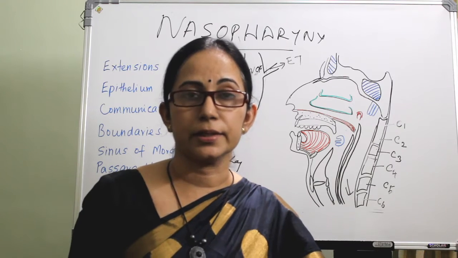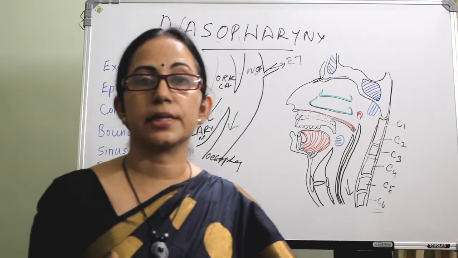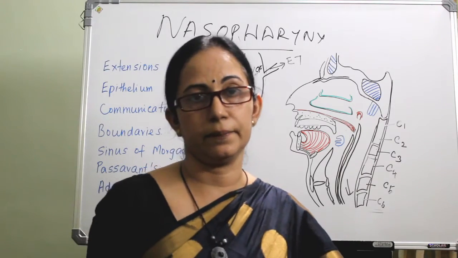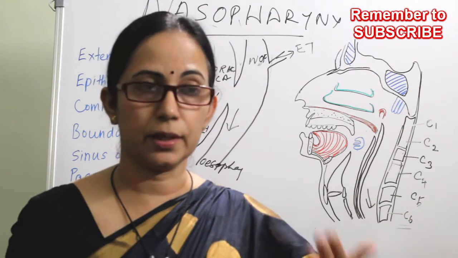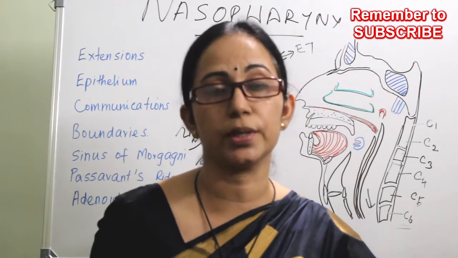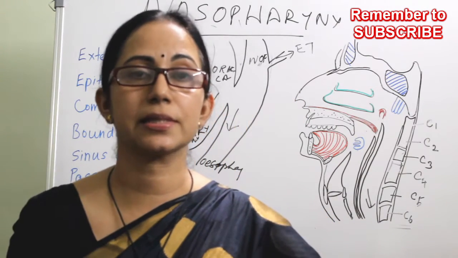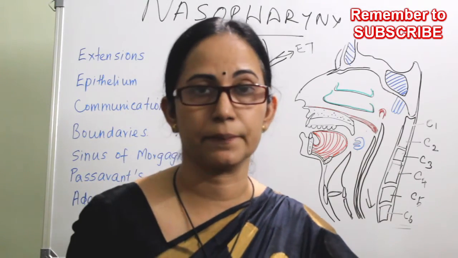And each of these crossroads is guarded. Like a security, there is a guard in each of the crossroads, which is actually the muscles acting there. At the opening of each of these crossroads, either into the nose, to the oral cavity, or to the larynx, or to the esophagus, there are muscles directly acting there in the form of sphincters.